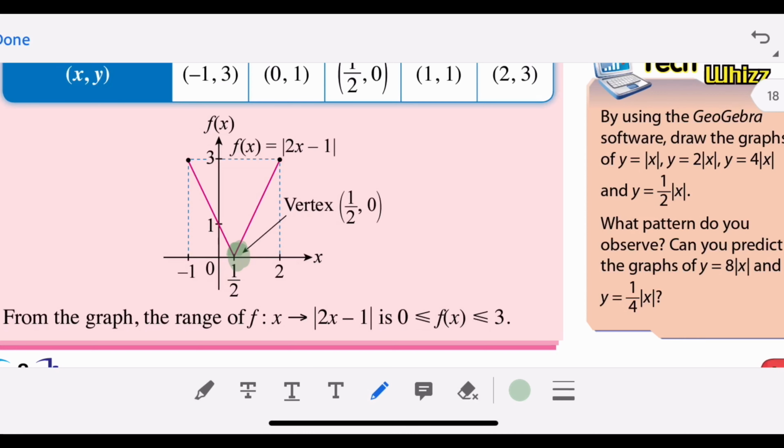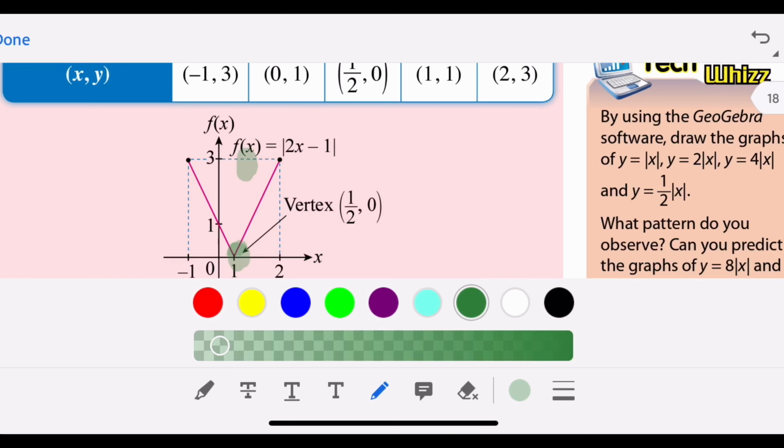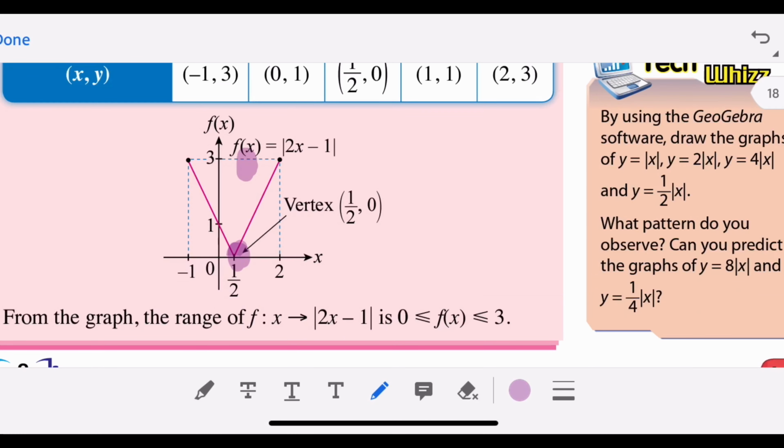By using GeoGebra software, you can try to sketch. If you are free, you can try to sketch the modulus graph, or we say absolute value graph. The range of the absolute graph is actually the value of the function. The part that I highlight in purple is the range of the function, so it's from 0 to 3.